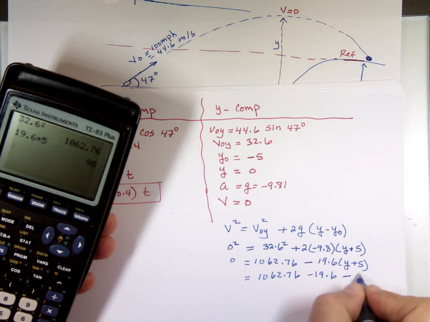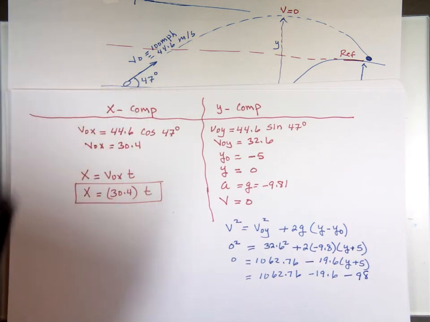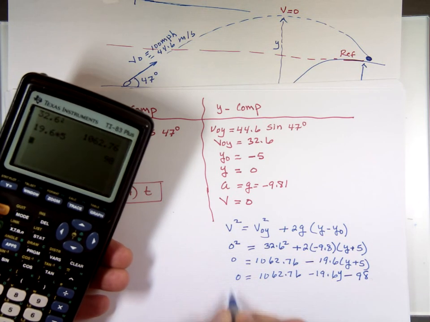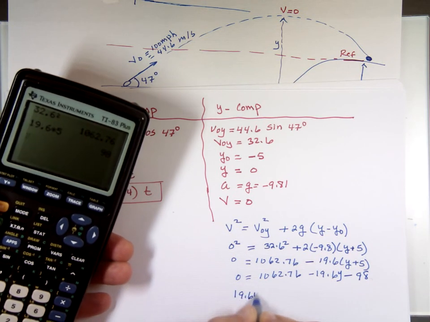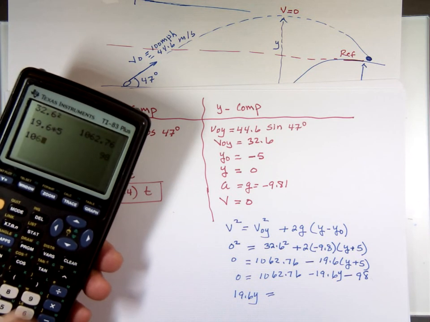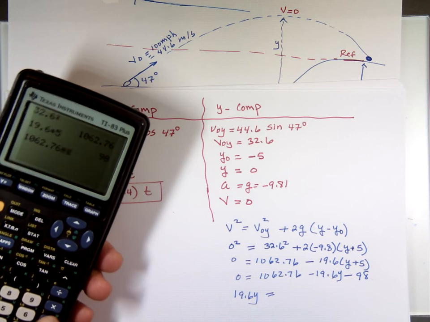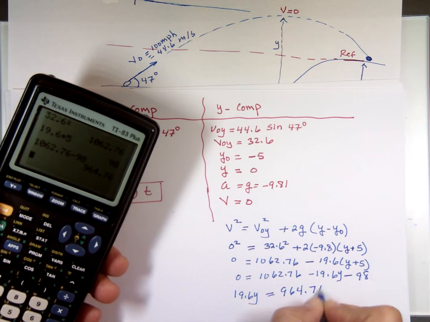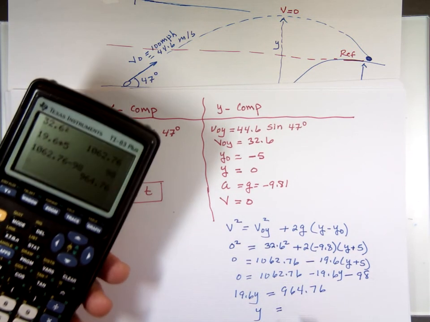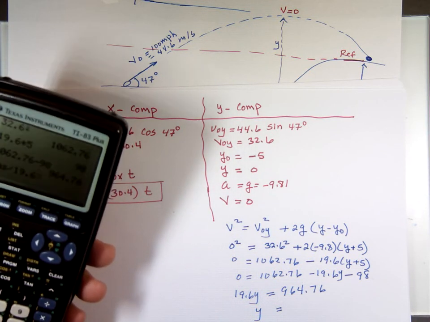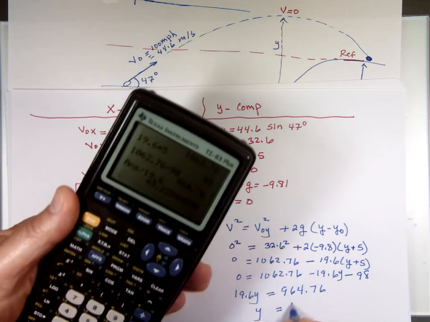Oh, I forgot the y here. So you bring this one here: 19.6y equals 1062.76 minus the 98. What is y equal to? .2 meters. We gave the ball really a ride there.